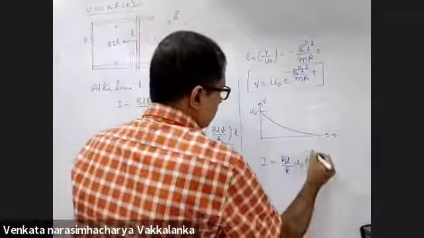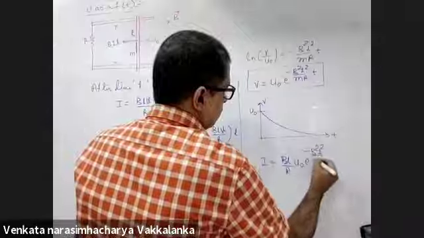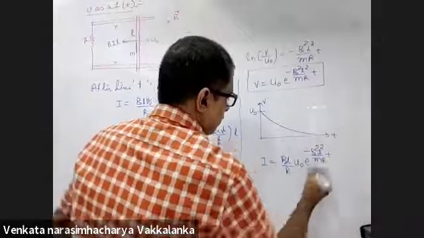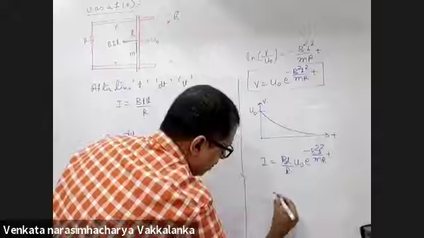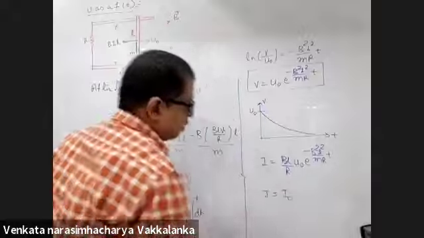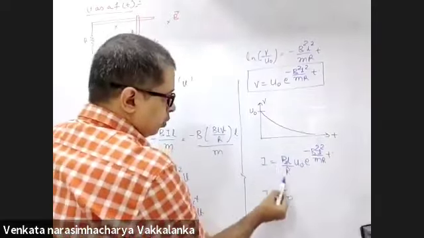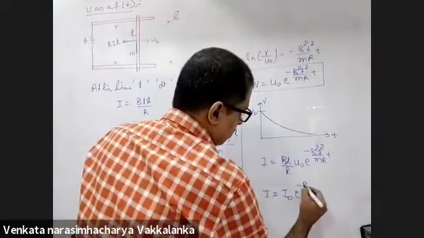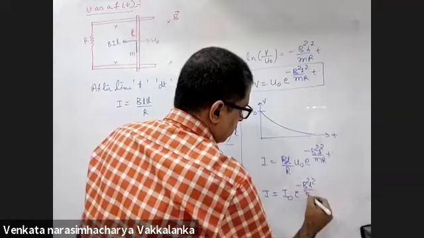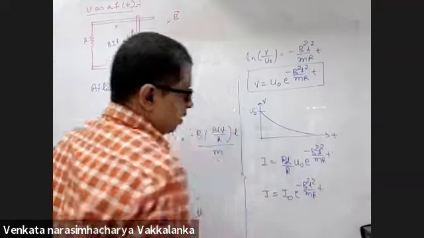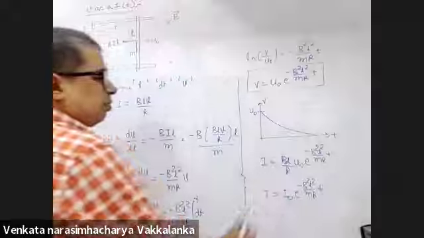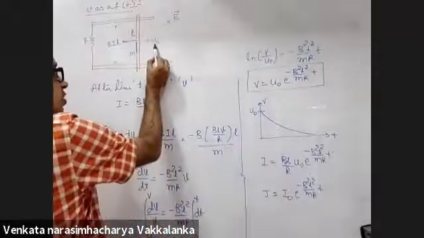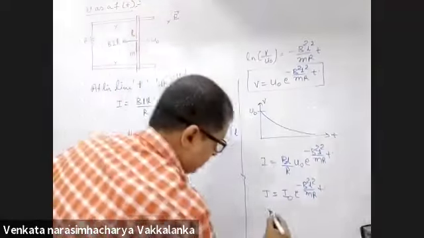Velocity is u naught e to the power minus B square L square by MR into t. BL u naught by R is I naught, e to the power minus B square L square by MR into t. What makes you say BL u naught by R is I naught? That was the initial velocity and then the initial current.